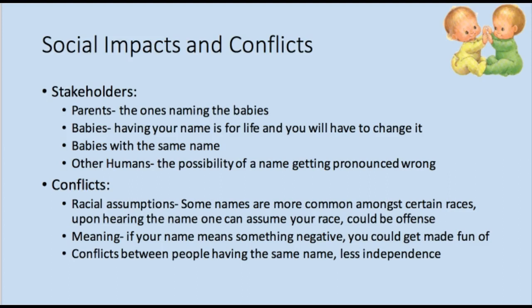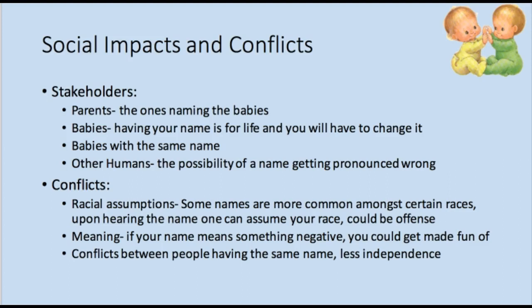Many of the conflicts that could occur are racial assumptions about what race you belong to, based on certain trends in the data and the meaning of your name. If it means something negative, you could get made fun of.